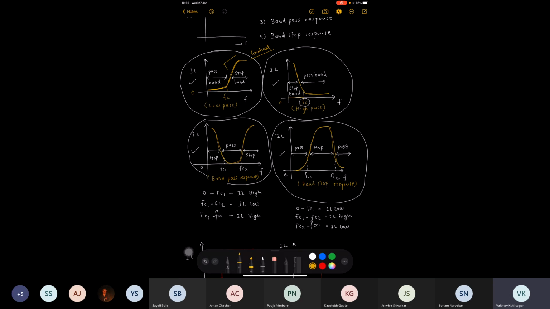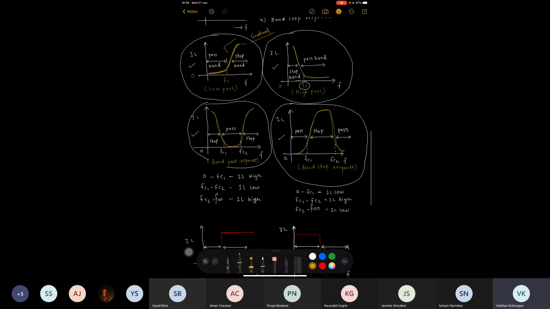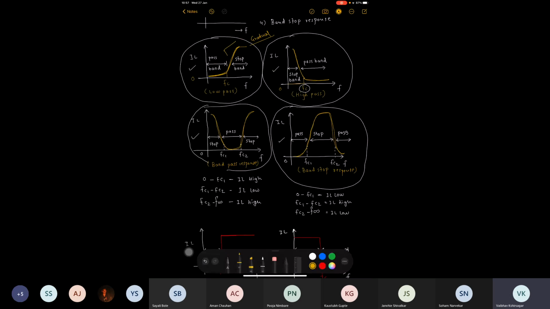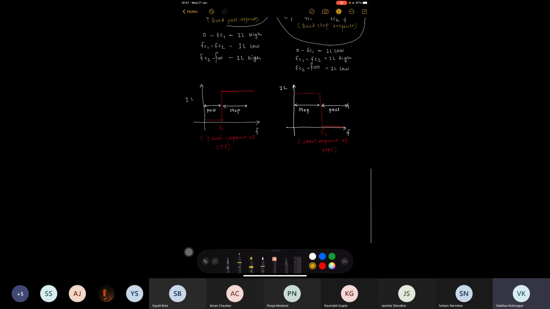We are not going to get a sharp transition between pass band and stop band, but rather a gradual frequency response. Now, do you know why this is taking place, and why we get the gradual response instead of this ideal sharp response?